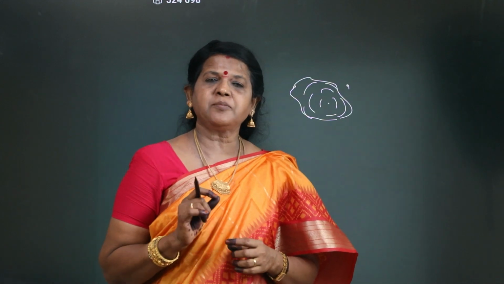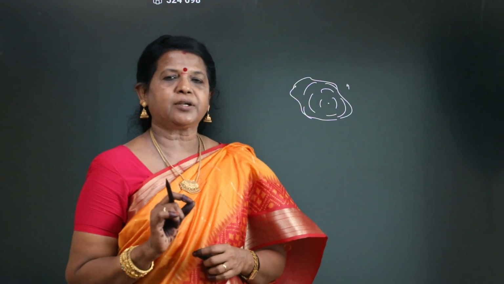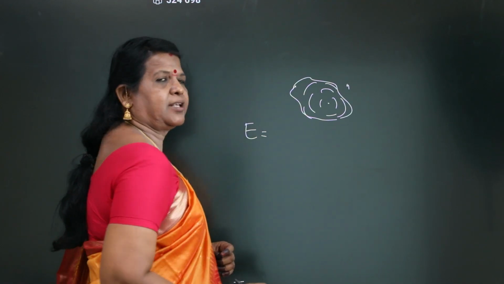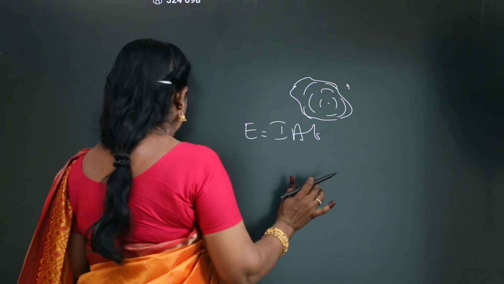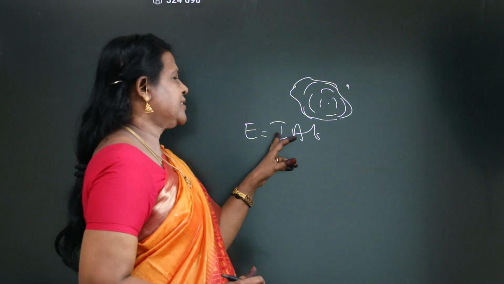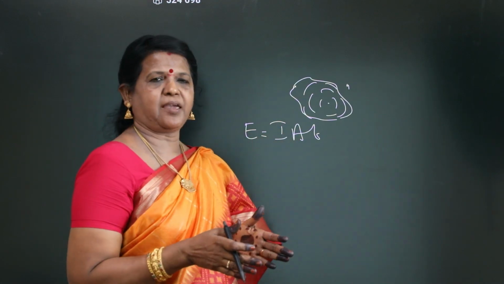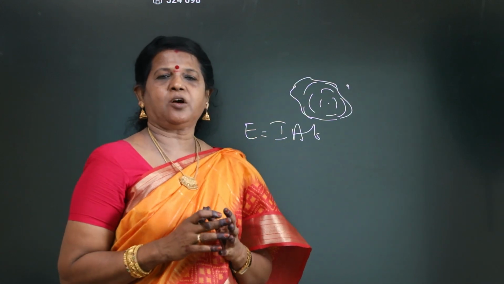The energy absorbed by each electron in time t is given by E is equal to I A t, where I is the intensity, A is the cross-sectional area, t is the time taken, and E is the energy absorbed by each electron.